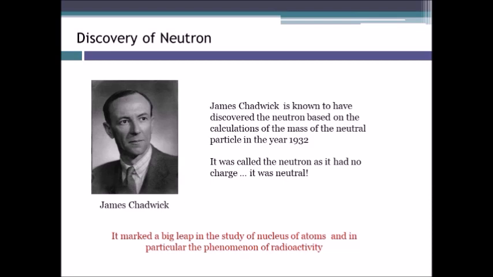Now, as experiments were going on regarding the cathode rays, anode rays, and the protons, James Chadwick was also carrying out experiments about the discovery of more particles in the atom, and he found that there were neutral particles also in the atom, and this discovery came in the year 1932.